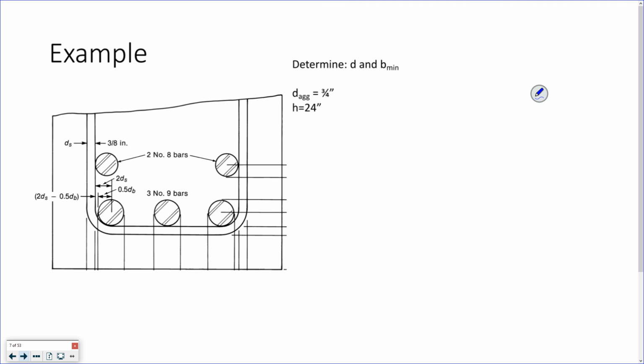I'm going to do a little example. Calculate d, as in the depth to the centroid, which will be somewhere in here, and your minimum width of your section.